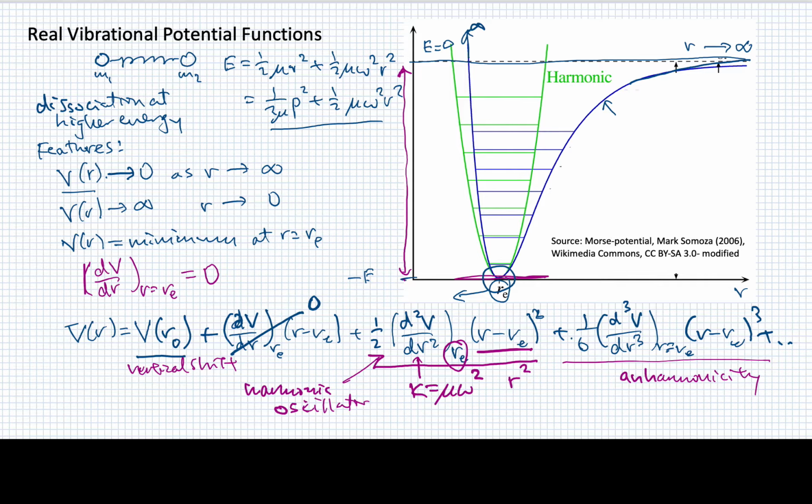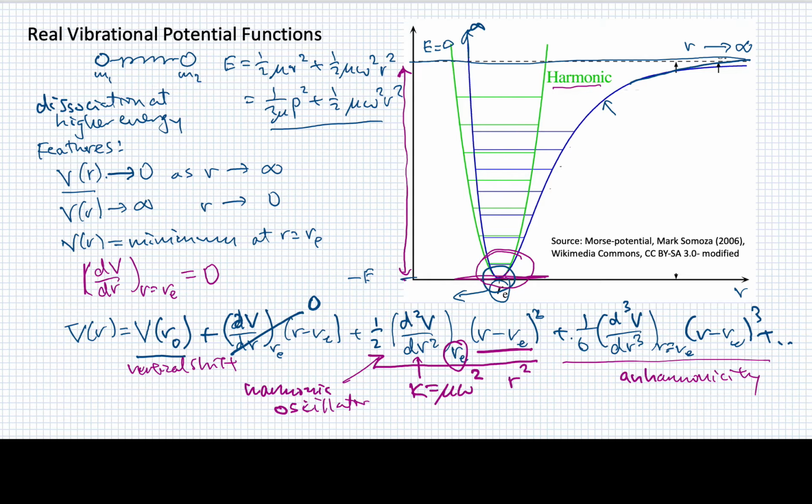All right, so what this tells us, and now I'll point out the green curve here, is the harmonic oscillator that fits the bottom of this realistic potential energy curve. So we can see that the harmonic oscillator is a great fit, a great model for the potential down here at low energies.